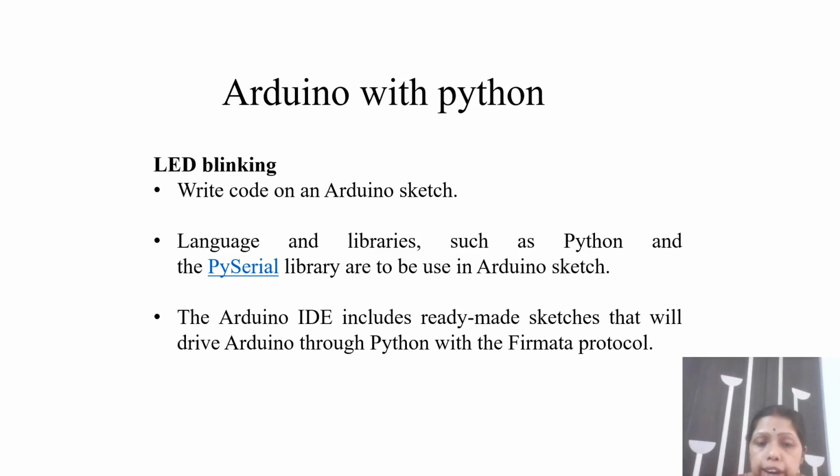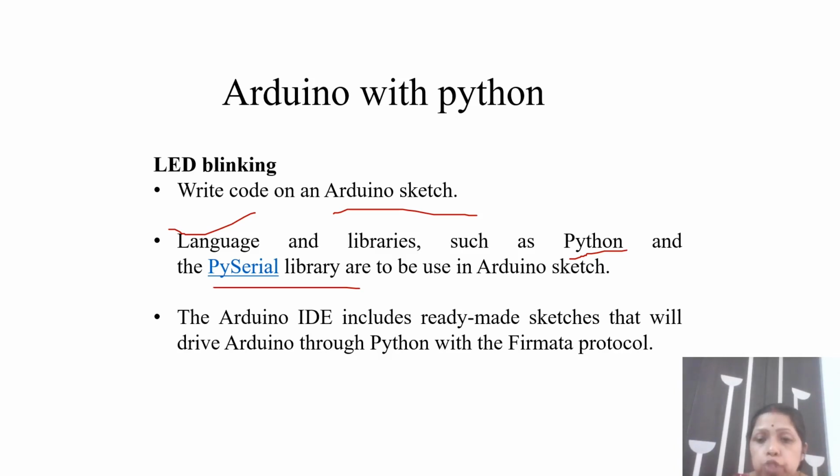If you want to write any code for LED blinking, the first thing is that you have to write the code in the Arduino sketch. What languages and libraries are required? Normally you need Python, and one important library is the PySerial library, which you can use under the Arduino sketch.